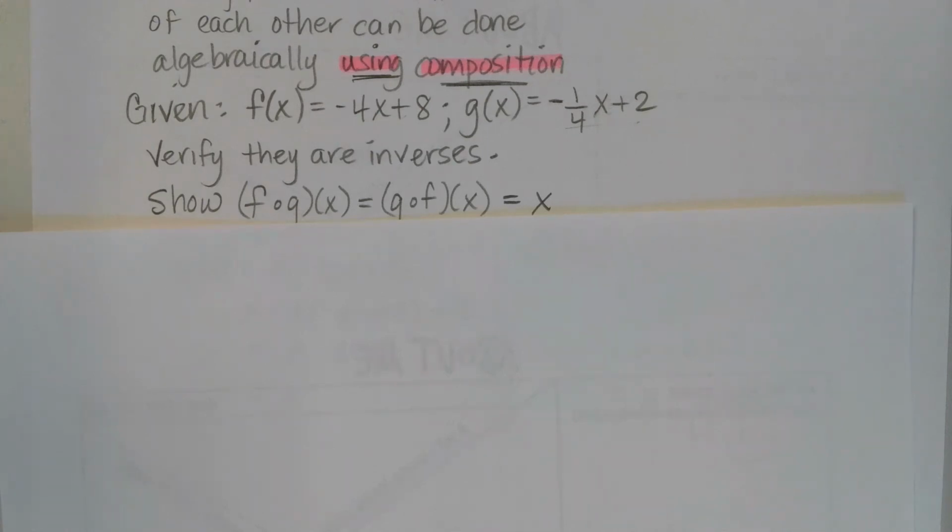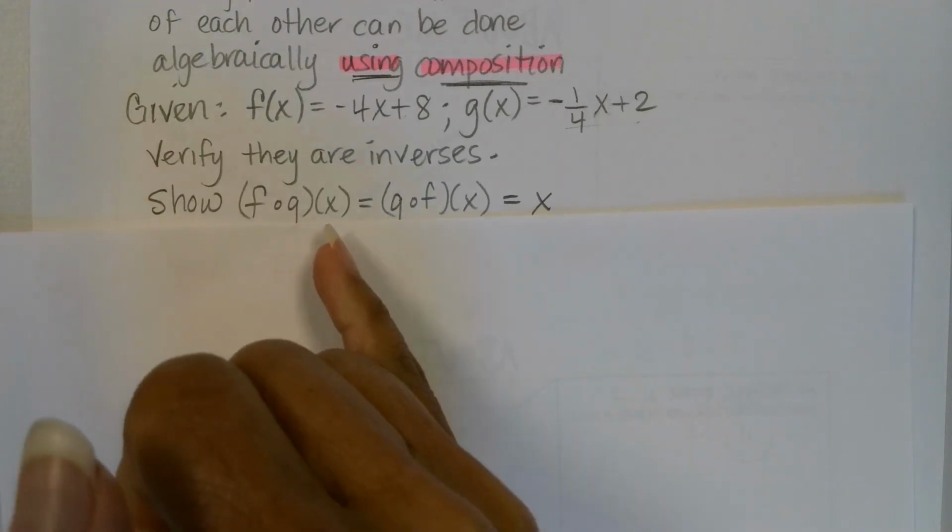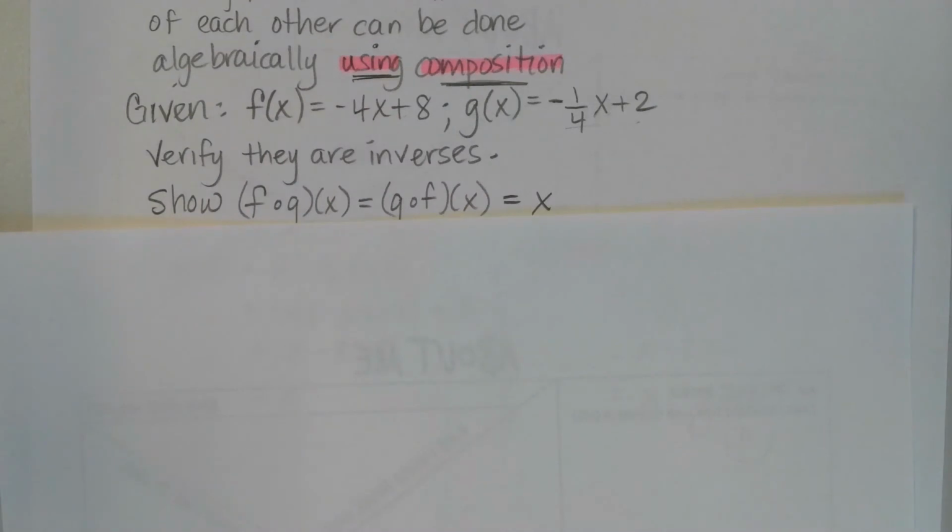So I need you to do f composition g and g composition f. And both of the answers, when you fully simplify, have to end up being x. Why? Because inverse functions are a result of the original function being reflected over the y equals x line. That's why the compositions have to both equal x.